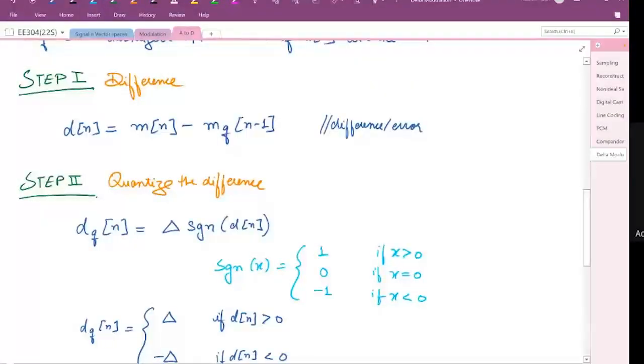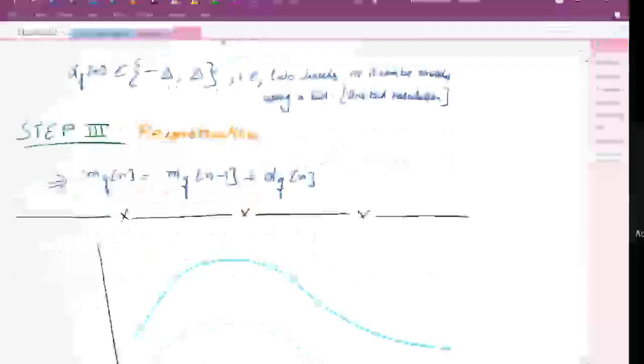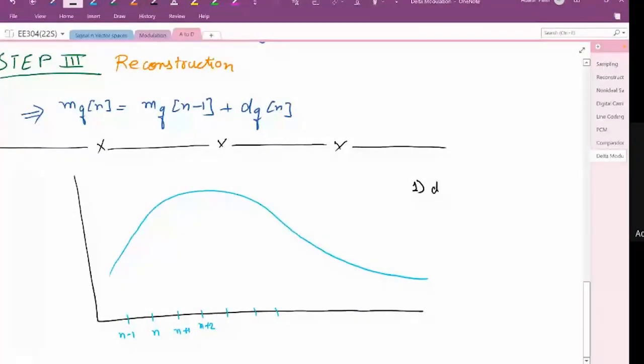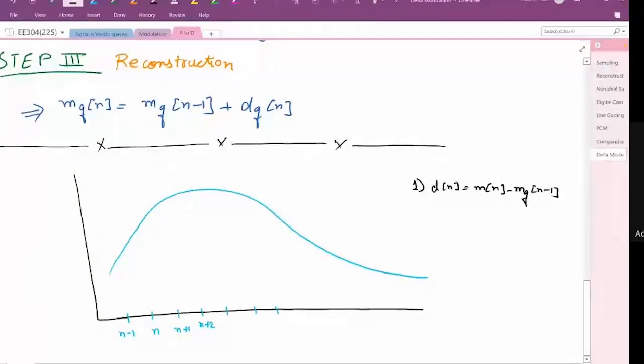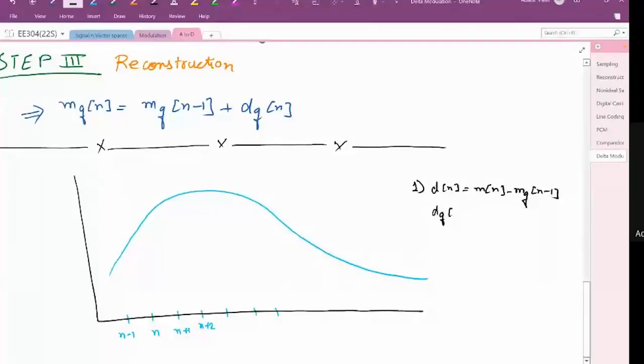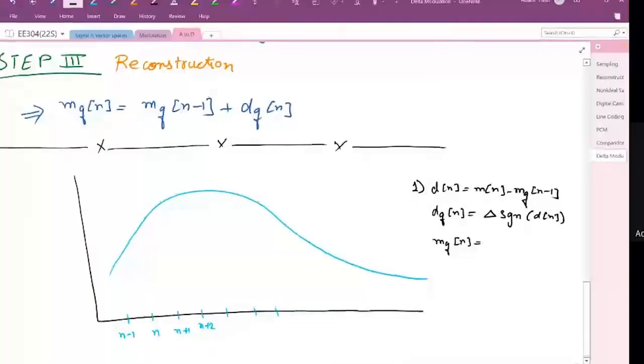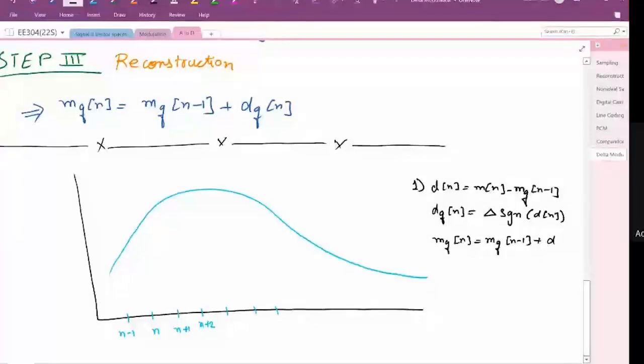Step one: dn equals mn minus mqn minus 1. Then we have dqn, which is del times signum of dn. And then the final step, the assignment step: mqn equals the previous step, n minus 1, plus whatever we have obtained in dqn.